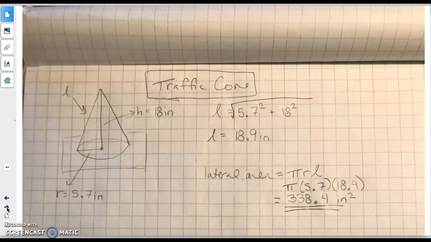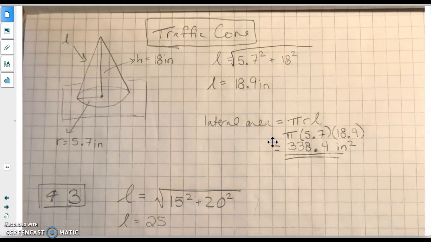As you look at that first problem, the traffic cone problem, they gave the height of the cone and the radius. So you have to go through and find that slant height, L. You'll see over here, I did that. It's the Pythagorean theorem to find L. Then I can find the lateral area, which is all they were asking for in this case.